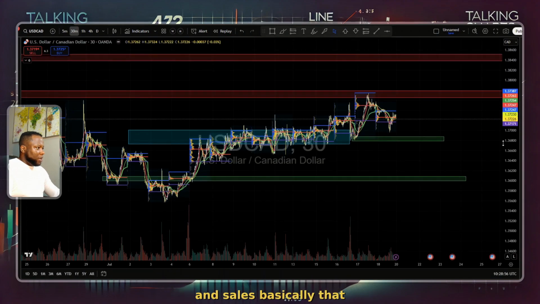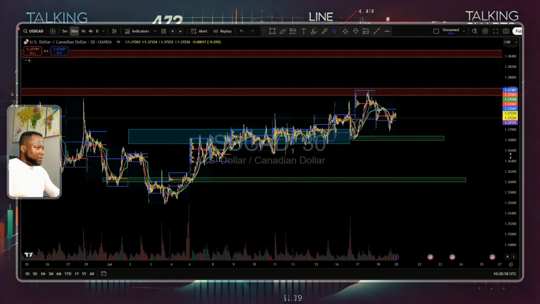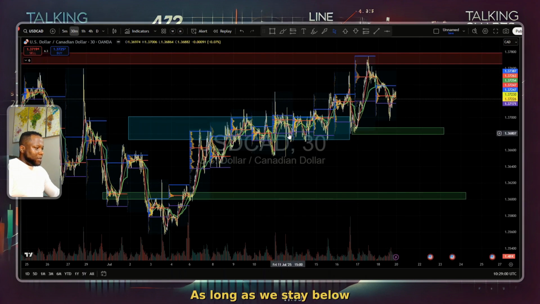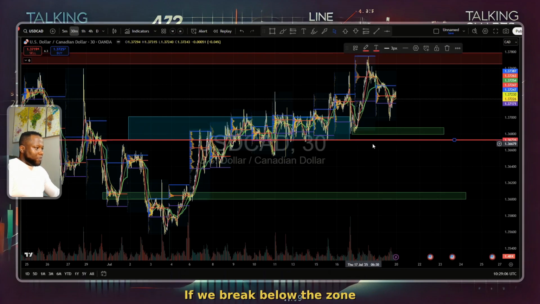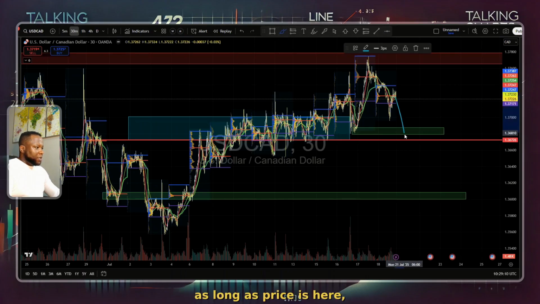Okay. As long as we stay above this support zone, we're looking for buys. If we break below the zone, as long as price is here, we're looking for buys to this area, all right?